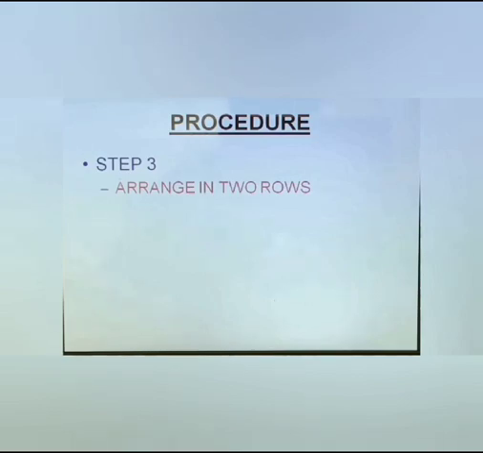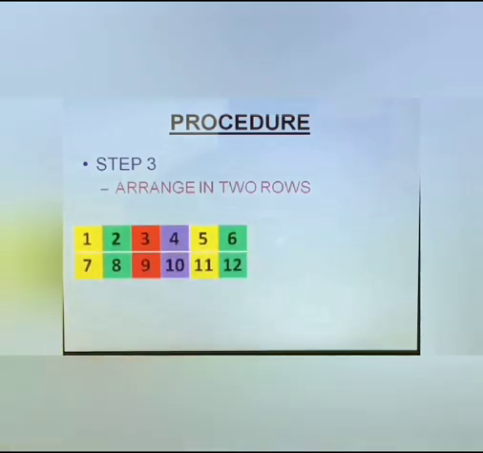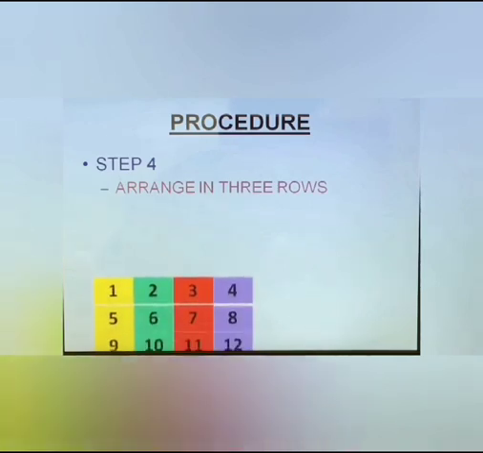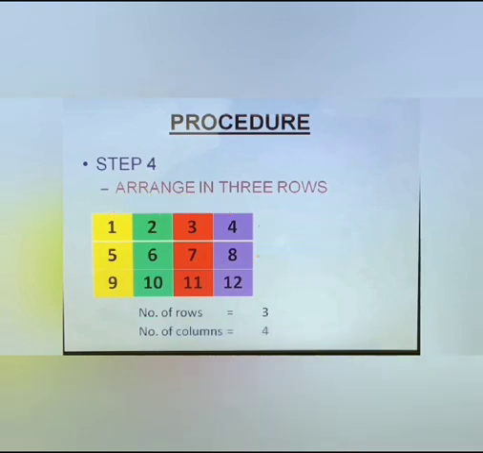On arranging these color papers in 2 rows, we observe that the number of rows is 2 and the number of columns is 6. Let's arrange them in 3 rows now. On arranging them in 3 rows, we observe that the number of rows is 3 and the number of columns is 4.